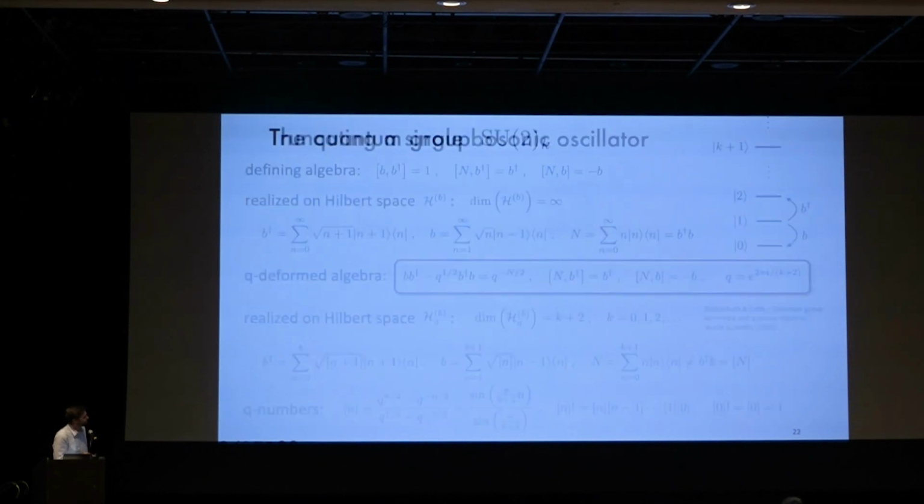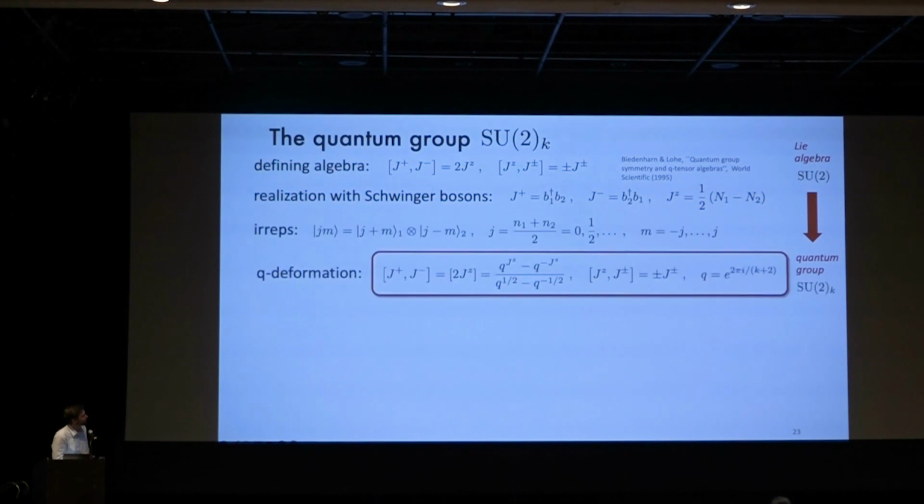So what you do for SU(2) is, for example, you can use Schwinger bosons and use these Q-deformed oscillators that I showed you very briefly to define spin operators in terms of these Q-deformed bosons, which are not really spin operators, but this is the algebra that you have. This makes sure that the raising and lowering properties remain exactly the same.